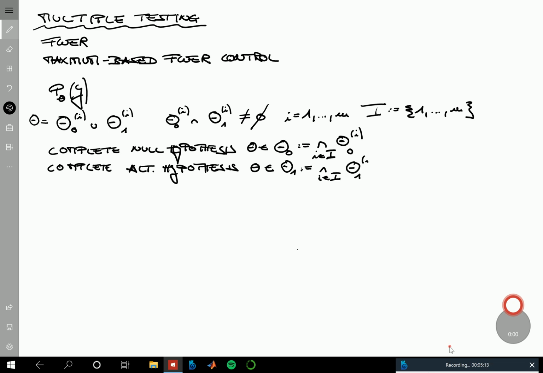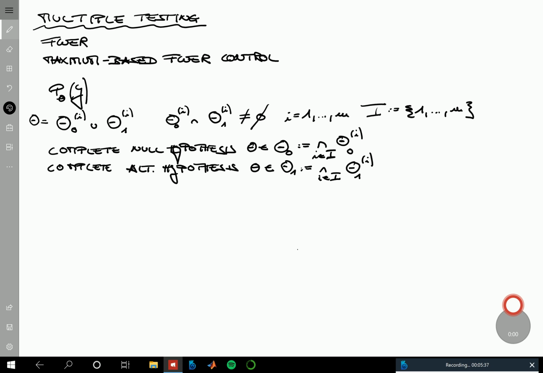So this would correspond to the idea that the beta parameter corresponding to a specific condition in the GLM scenario is 0 for all voxels or is non-zero for all voxels. So either no activation anywhere in the brain or activation everywhere in the brain.